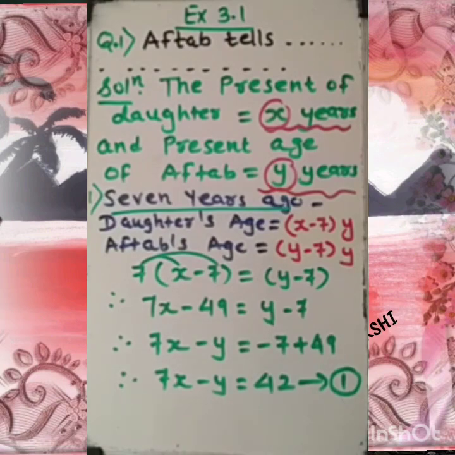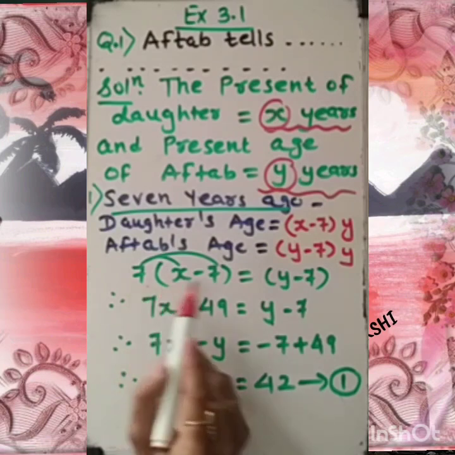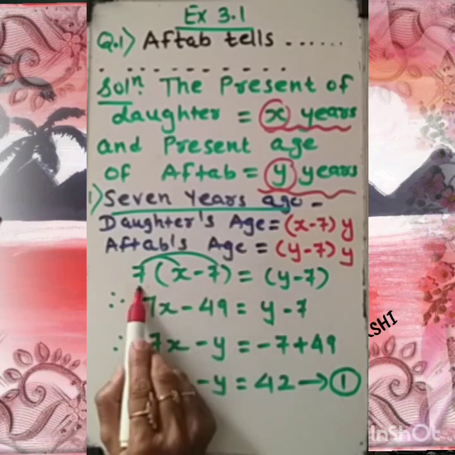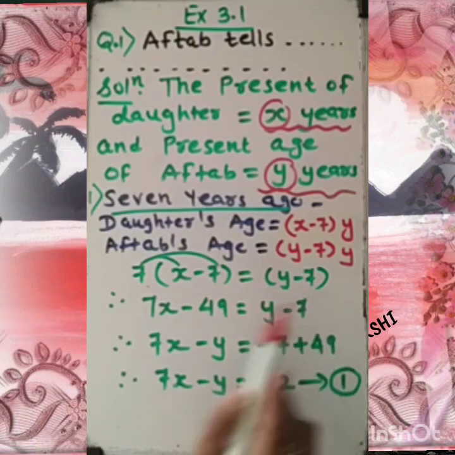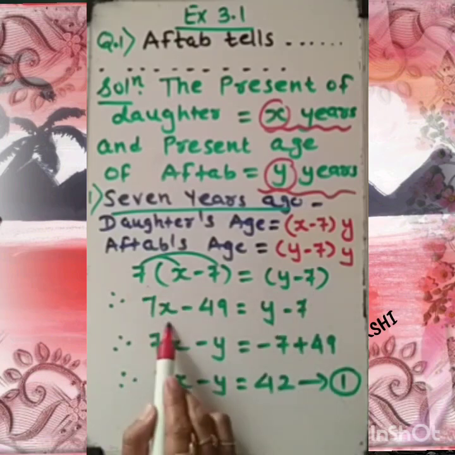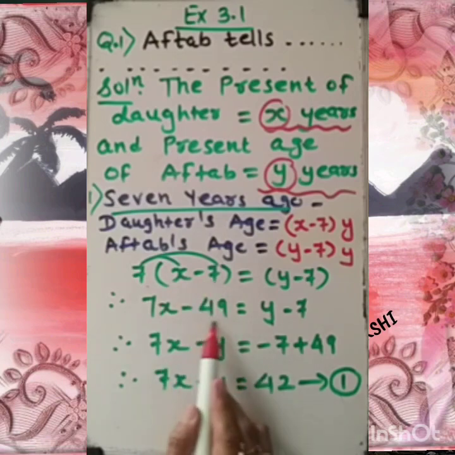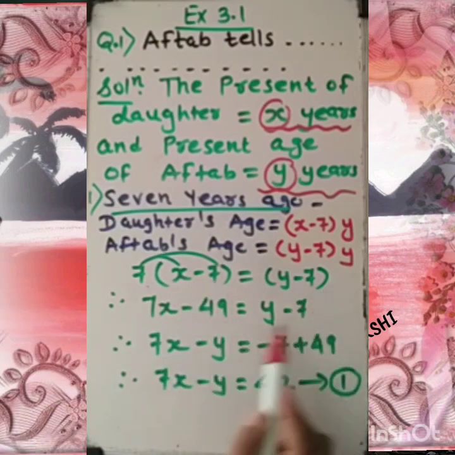Fine. I am explaining here again. Here the daughter says her age is 7 times her father's age, y minus 7. So here 7 into x is 7x, minus 7 sevens are 49, y minus 7.